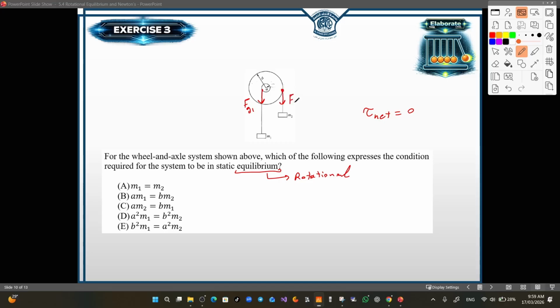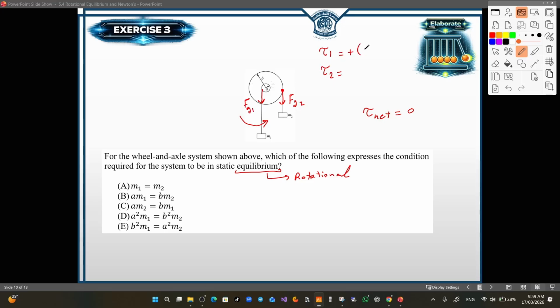Let's call this force Fg2. So Fg1 will produce tau 1 and Fg2 will produce tau 2. Now let's evaluate tau 1 here. The direction of the rotation because of this force is counterclockwise, so we assign a plus sign for the torque.